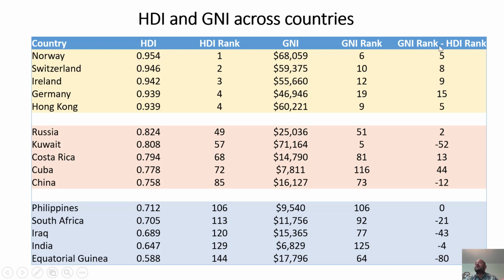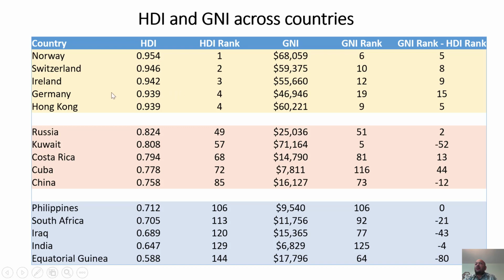Right? And if we take the difference between these, this is somewhat telling in terms of whether or not GNI is over or underestimating the level of development in a country. So if the GNI rank minus the HDI rank is a positive number, that means that this country is ranked better in HDI than it is in GNI. Remember, a lower number in ranking is better than a high number.